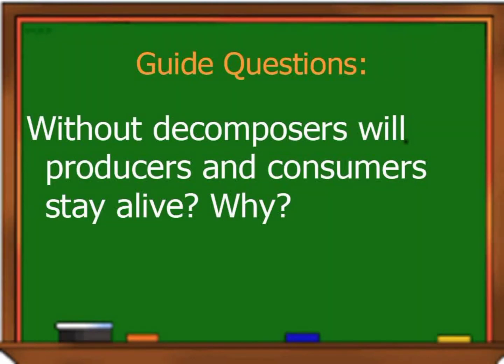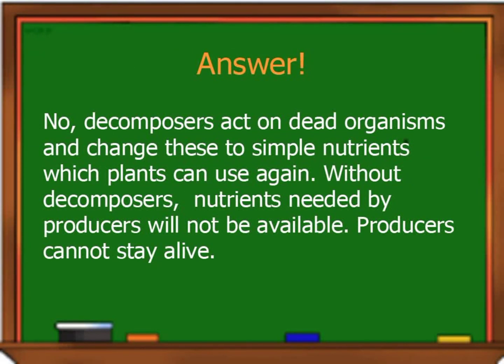Without decomposers, will producers and consumers stay alive? Why? No. Decomposers act on dead organisms and change these to simple nutrients which plants can use again. Without decomposers, nutrients needed by producers will not be available. Producers cannot stay alive.